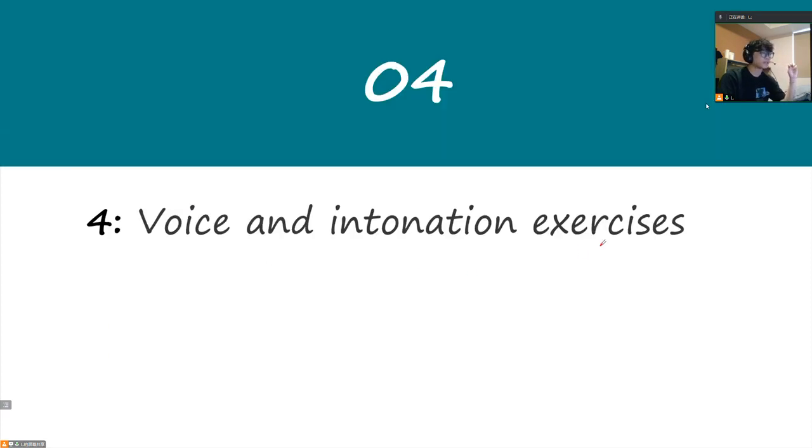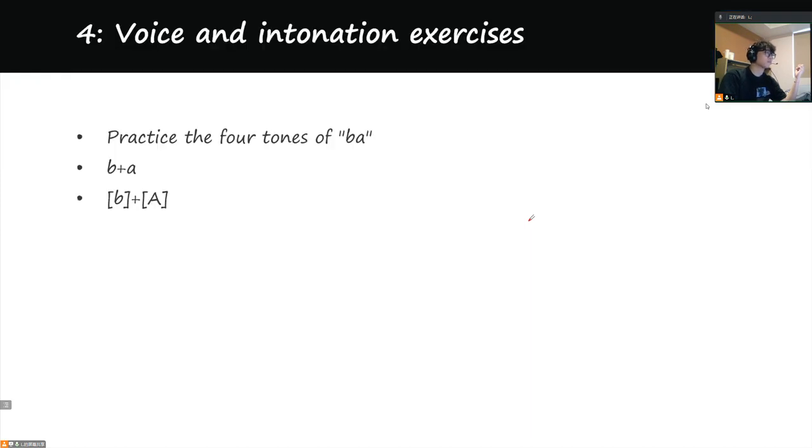Then here is some exercise on the simple pronunciation of Chinese words. Would you try to pronounce this word with a Chinese pronunciation? Maybe 波.